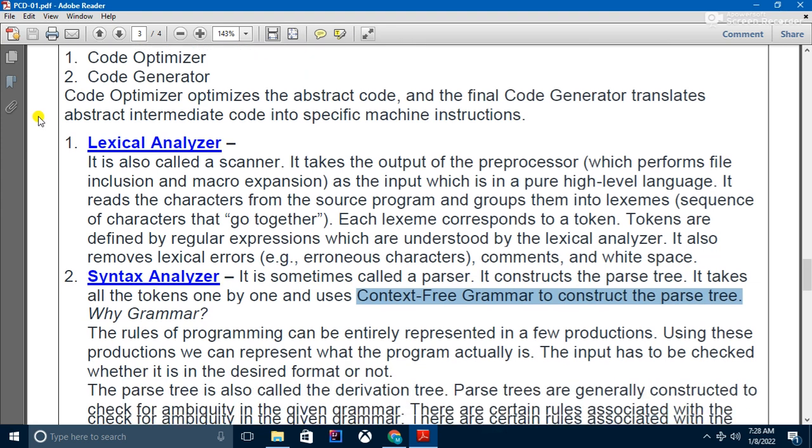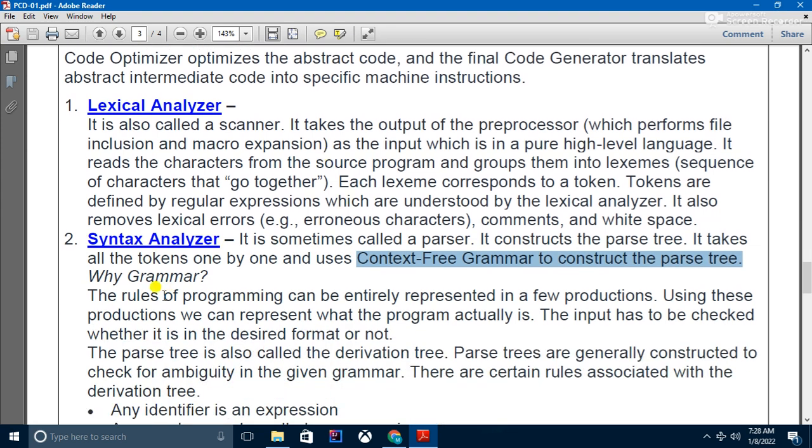Why are we using grammar? The grammar consists of the rules of the programming language, which can be entirely represented in a few productions. Using these productions, we can represent what the program actually is. The input has to be checked whether it is in the desired format or not. The parse tree is also called a derivation tree.